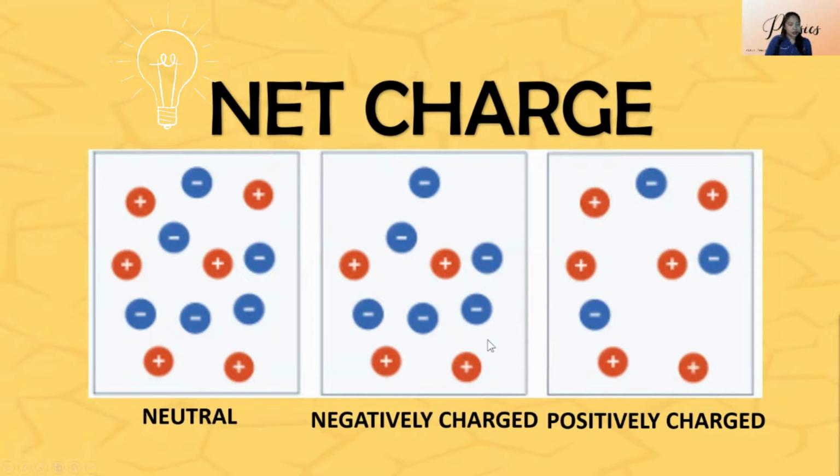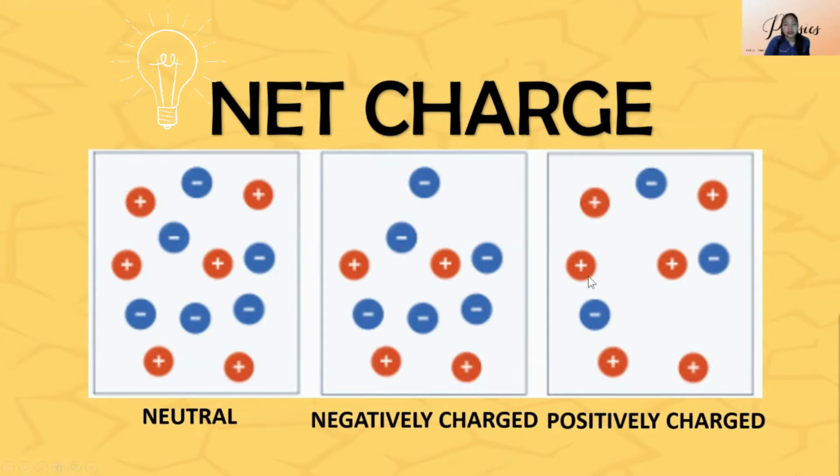Okay, so again, when we say negatively charged, that means that the object has more electrons, therefore, it gains electrons when we interact it with another object. Now, if the object is positively charged, that means it loses electrons, thereby having more protons than electrons.